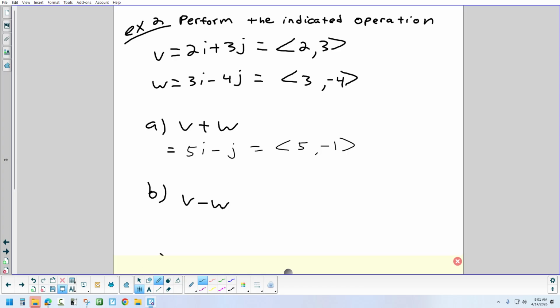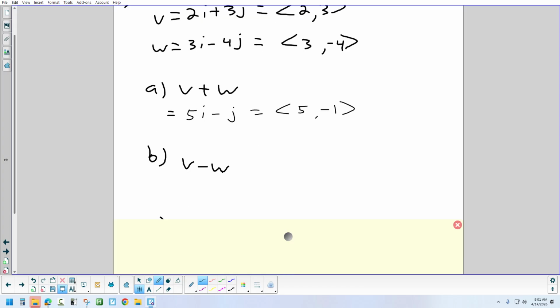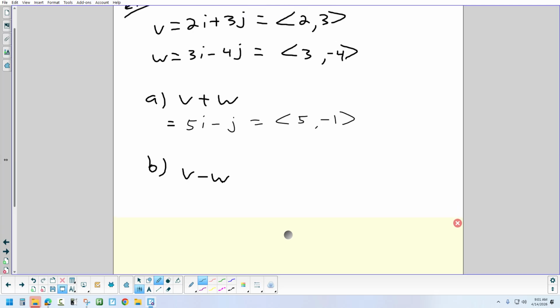Let's try v minus w. All right. So, Marin, could you tell me what v minus w would be? And let's do it first as a unit vector.